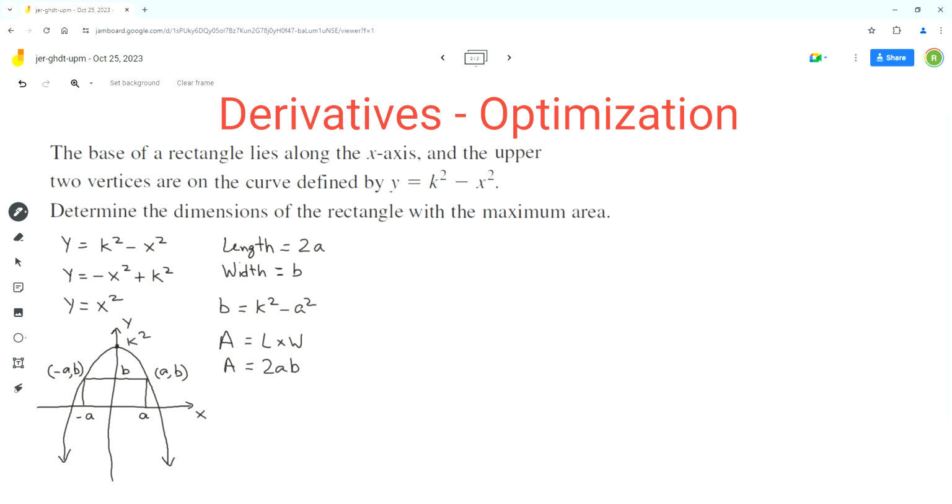Now we have to find the maximum area. So we'll have to find the derivative of the area function. Now the area function is defined in terms of two variables A and B. So we'll have to do substitution for one of these variables, and we can do the substitution for B because we have an equation for B in terms of A. Now we can simplify this equation by distributing 2a into the parentheses.